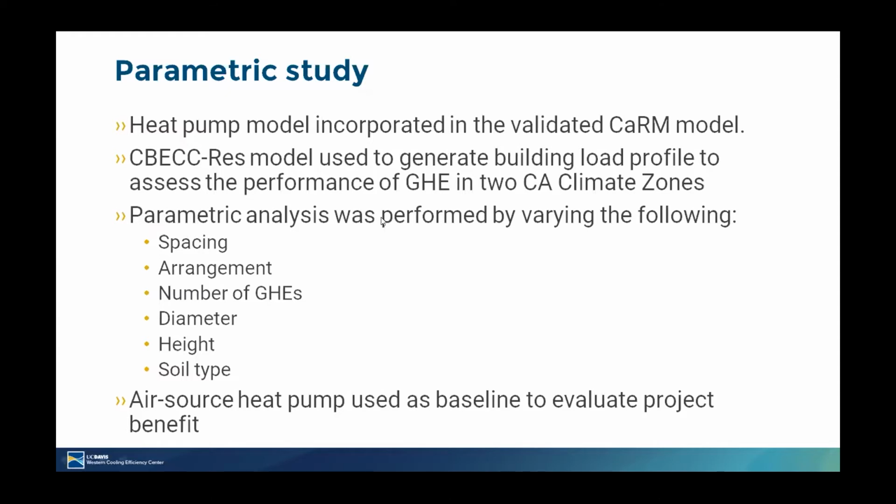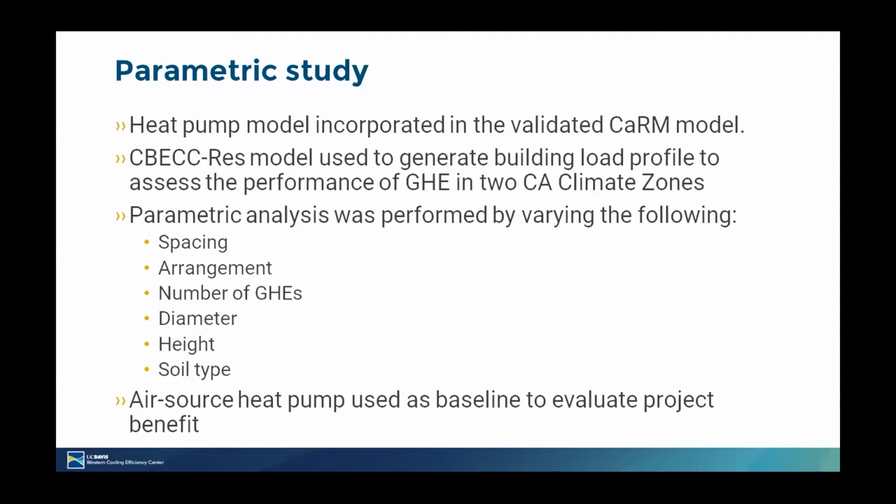We then performed a detailed parametric analysis by varying the following parameters: the spacing between the GHEs, which is the distance between 2 GHEs, the arrangement of the GHEs. In one configuration, we considered an L-shaped arrangement. In another, we looked at a grid arrangement.